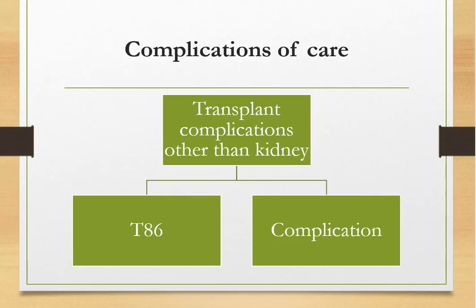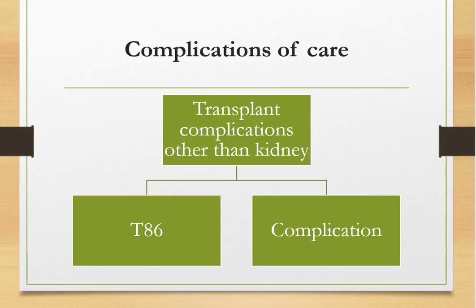So codes under category T86, complication of transplanted organs or tissues, are used for both complications and rejection of a transplanted organ. A transplanted complication code is only assigned if the complication affects the function of that transplanted organ.